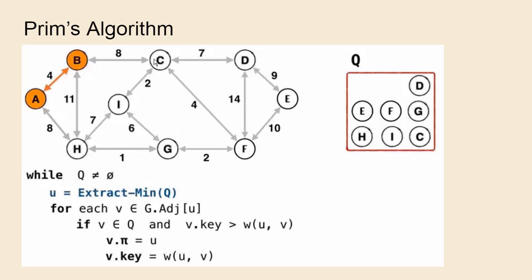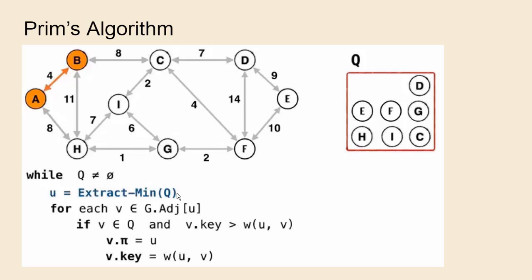If we choose C, then I will have a distance of 2 to the connected portion ABC, F will have a distance of 4, and D will have a distance of 7. Then the next one we add is I, and so on.